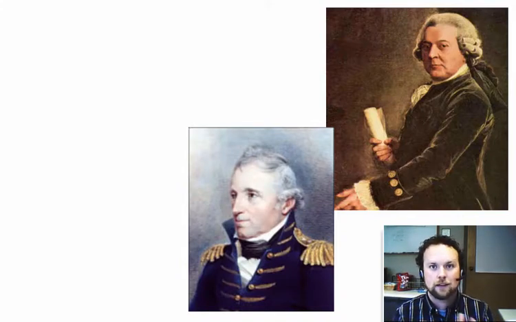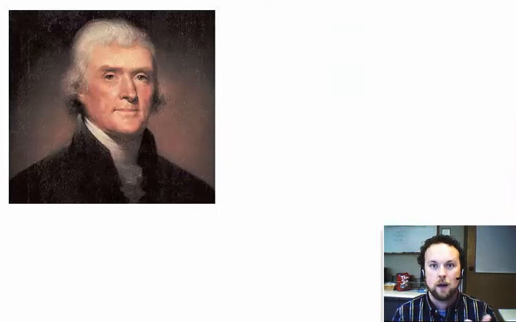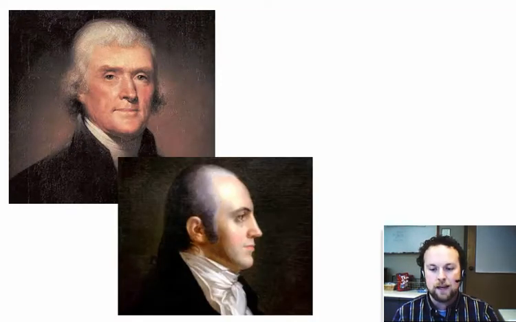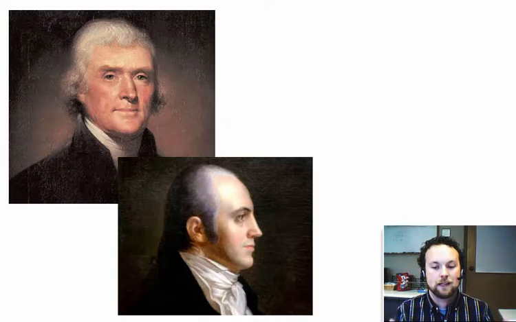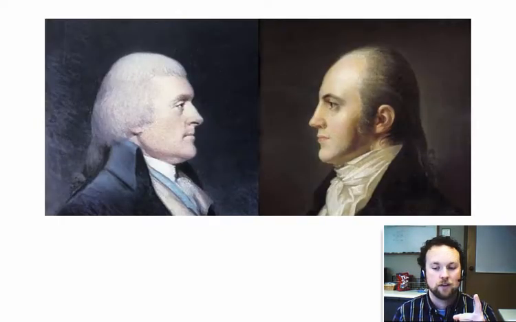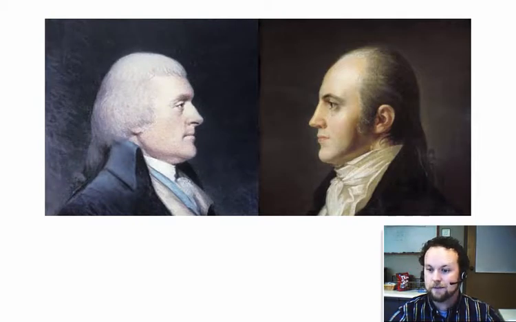But when the Electoral College voted, they split those votes between Thomas Jefferson and his running mate, Aaron Burr. And at that time, the Electoral College did not vote separately for the president and the vice president, so each Republican elector cast one vote for Jefferson and one vote for Burr, leaving it tied.